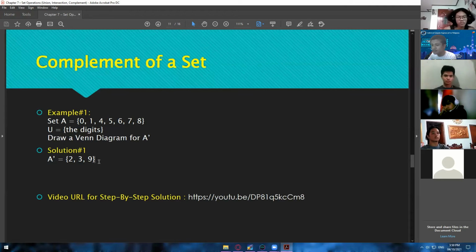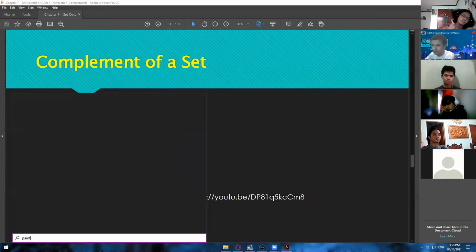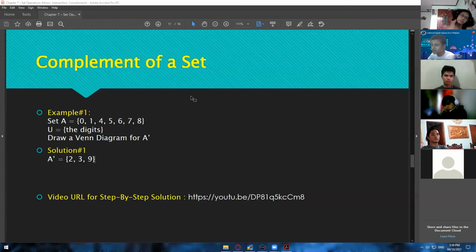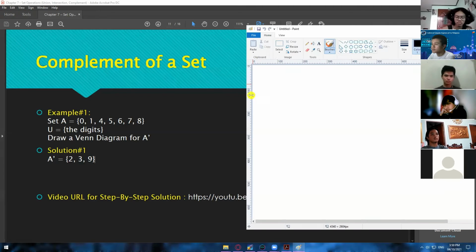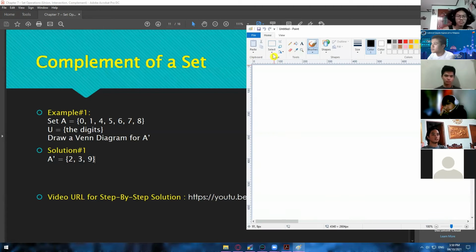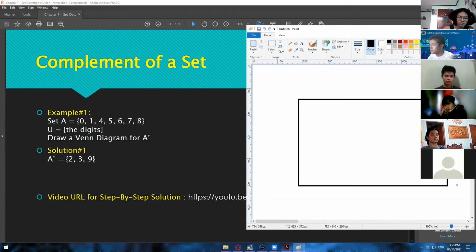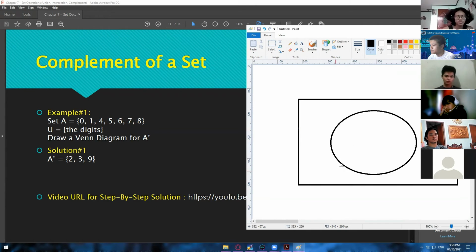Okay. And do I have a Venn diagram? So we don't have a Venn diagram for this one. But if you guys are going to draw this one on a Venn diagram, so draw the universal set first, which is represented by rectangle, and then circle is the set A itself.